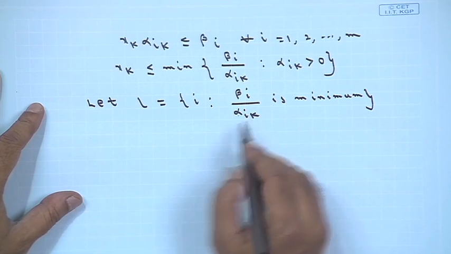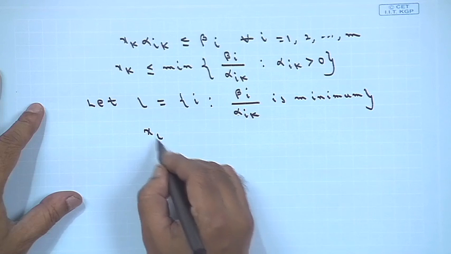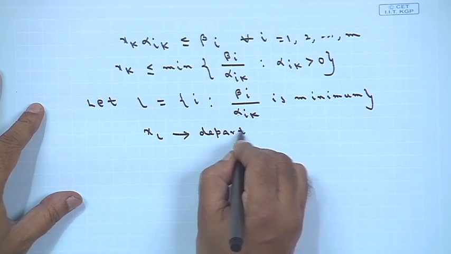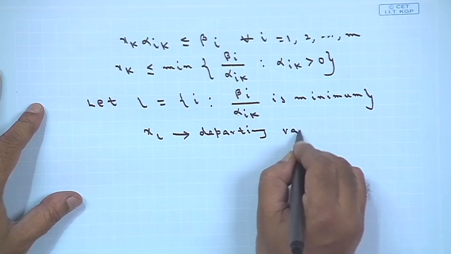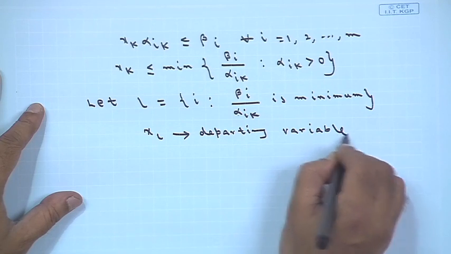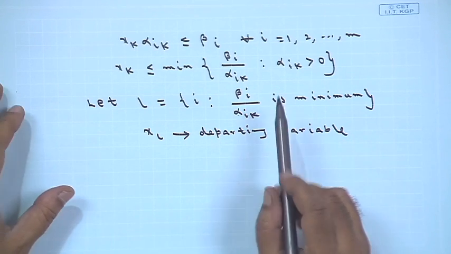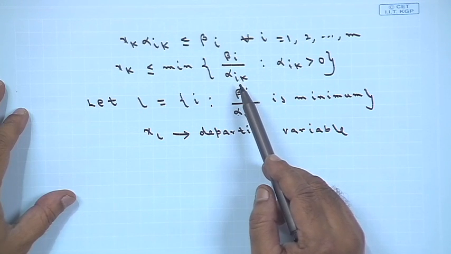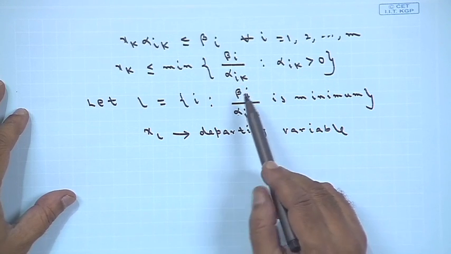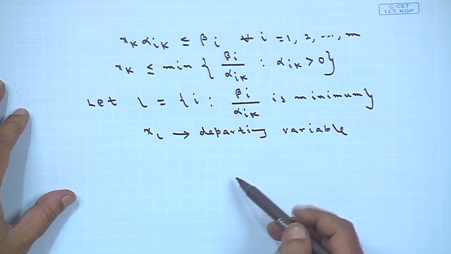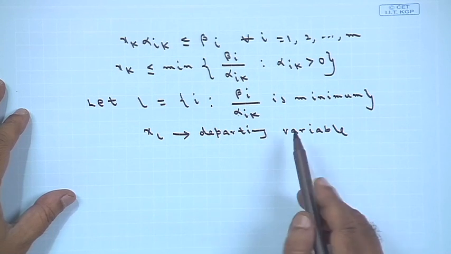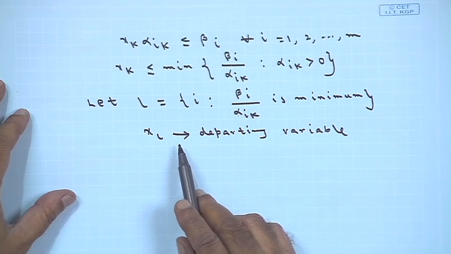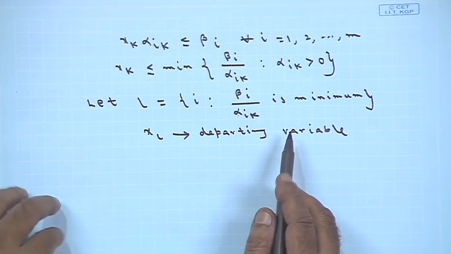Then we say that this index L, that means x L, will be the departing variable. In other words, we are finding the ratio of beta I by alpha I k. Whenever we are solving the problem, we will see to it. So, when beta I by alpha I k is minimum, the variable corresponding to that will be the departing variable.